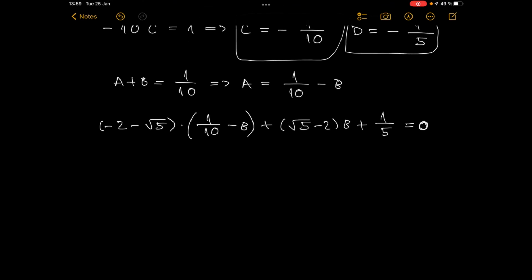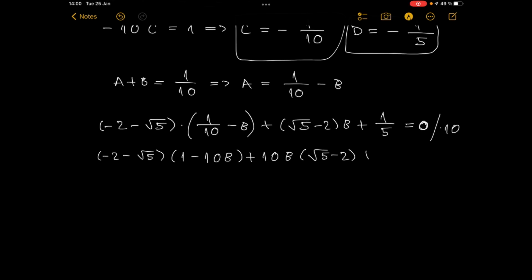Okay, now from here we can go ahead and find b. First, let's multiply everything by 10. So then we'll get minus 2 minus the square root of 5 times 1 minus 10b plus 10b times the square root of 5 minus 2 plus 2 is equal to 0. And now let's cross multiply everything.